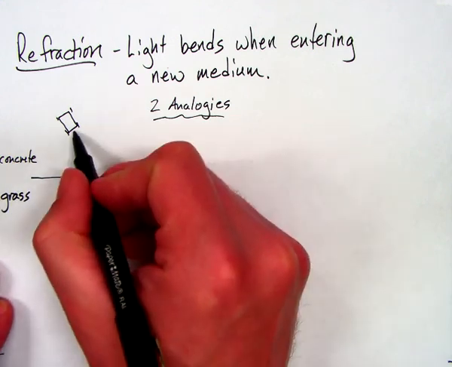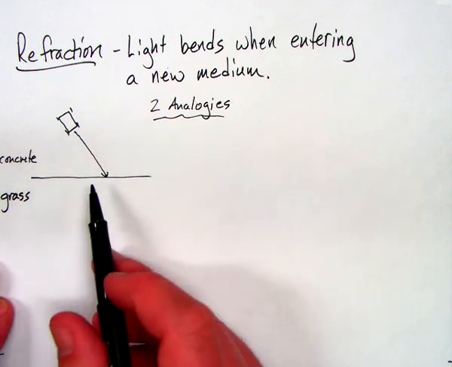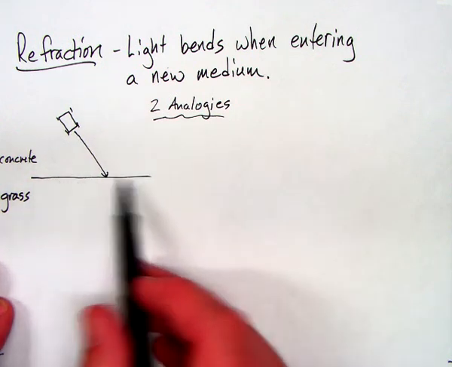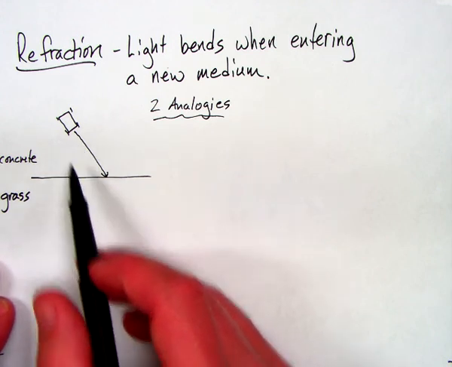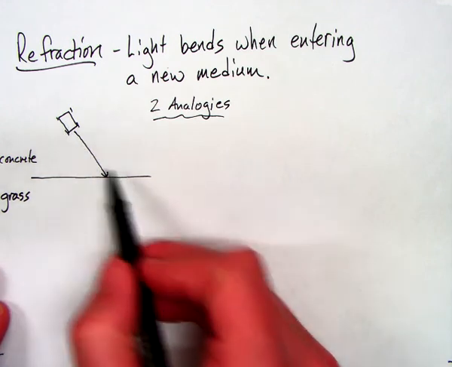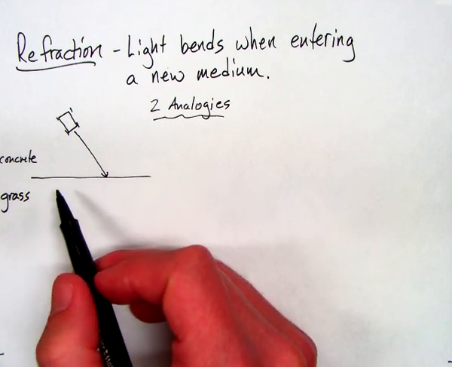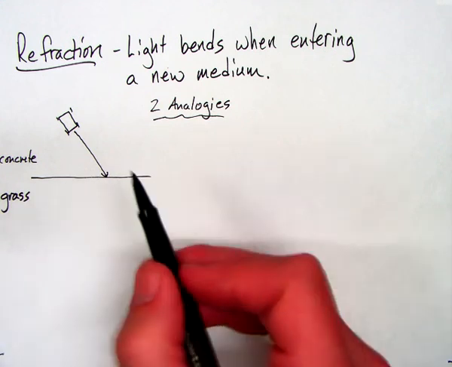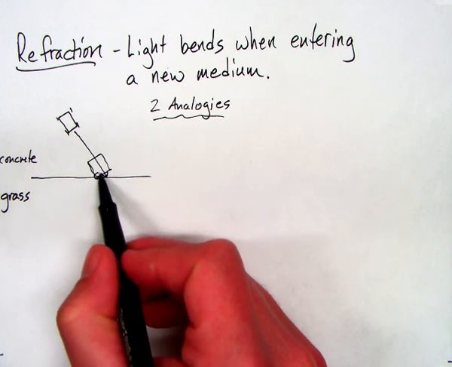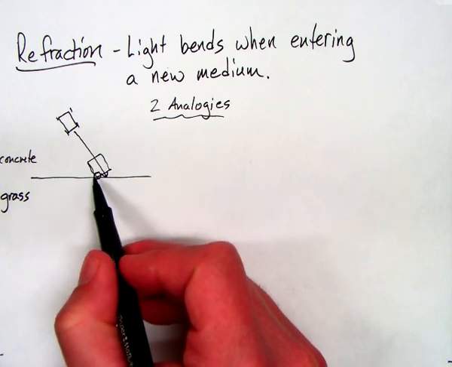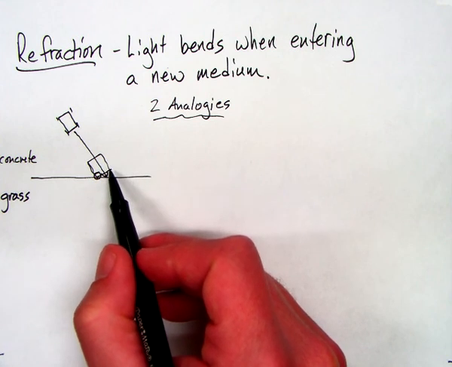When your go-kart hits this boundary is called an interface. The interface is the boundary between two media. Well, when you hit, the car is going to slow down as you travel into the grass, but it's not all going to slow down at the same time. Instead, the front right wheel, this one right here, would slow down first, where the front left wheel would still be going quickly.